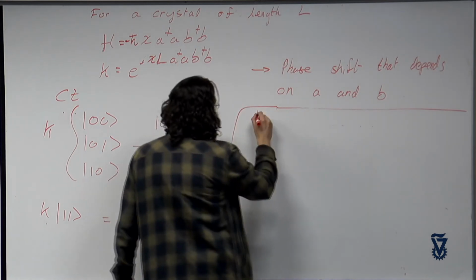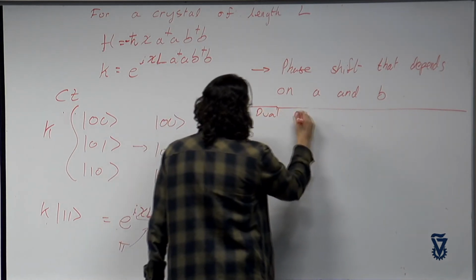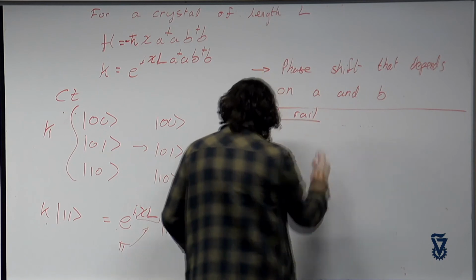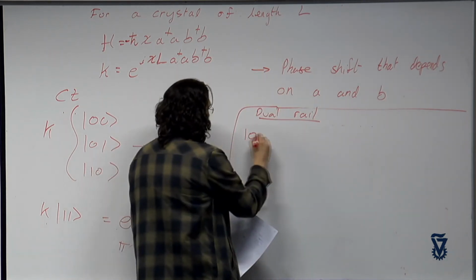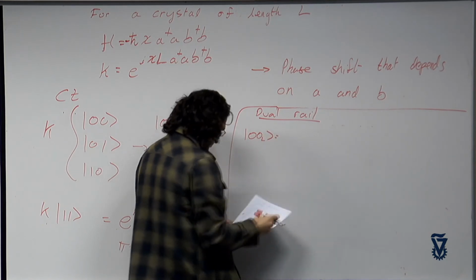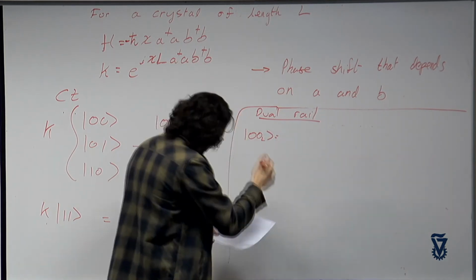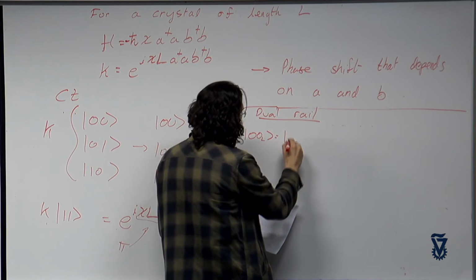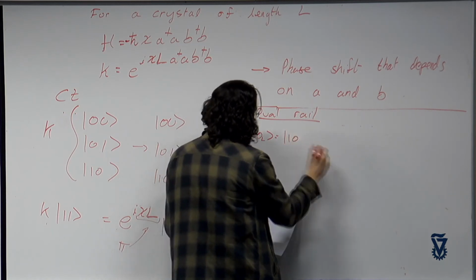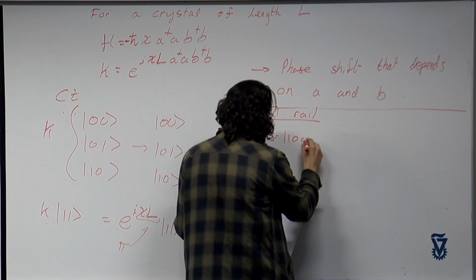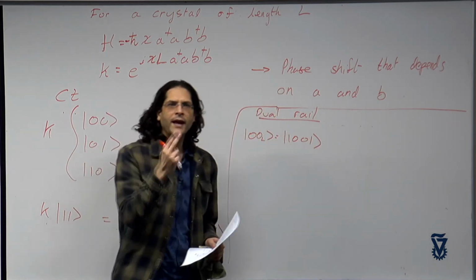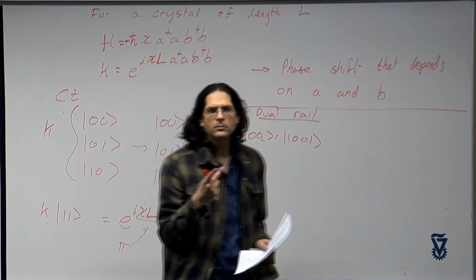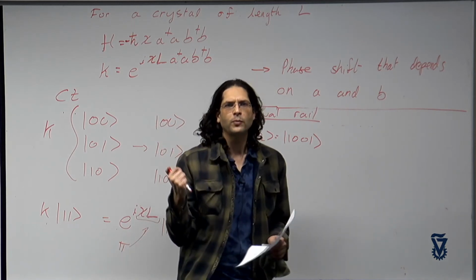So for the dual rail qubit, our 0, 0 logical, we can choose our 0, 0 logical to be 1, 0, 0, 1. I'm inverting the 1 and 0 for the first qubit.